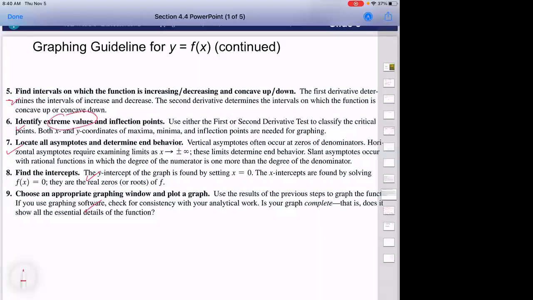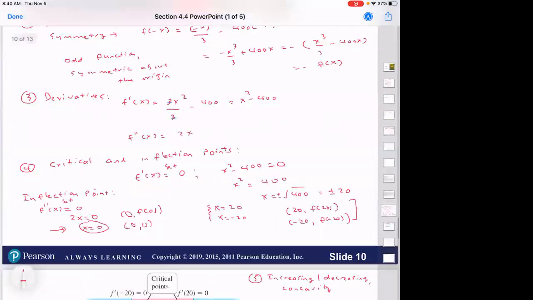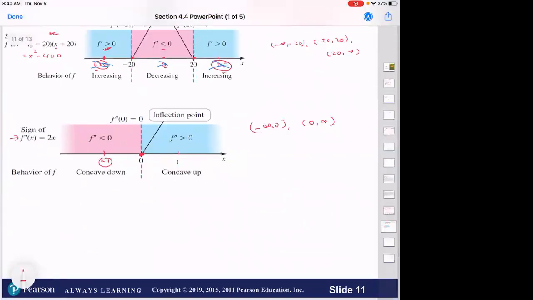You find out where the local maximum and local minimum are.